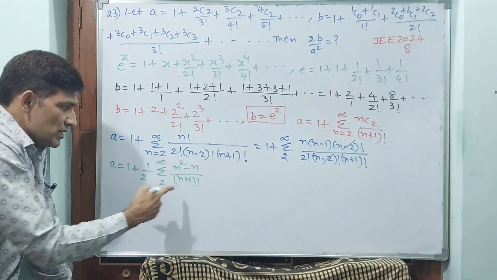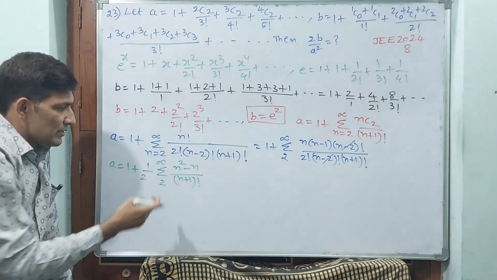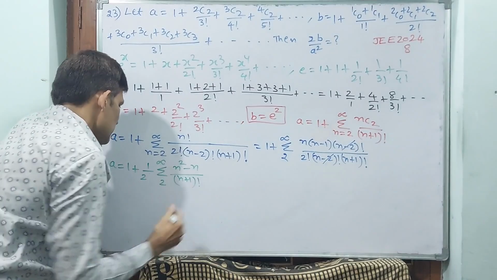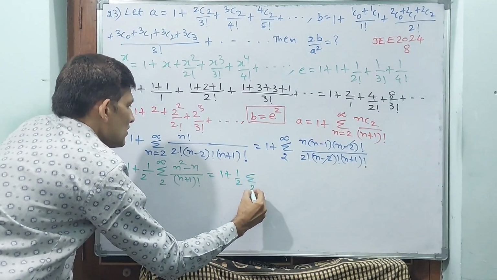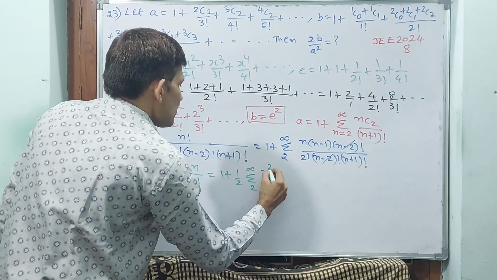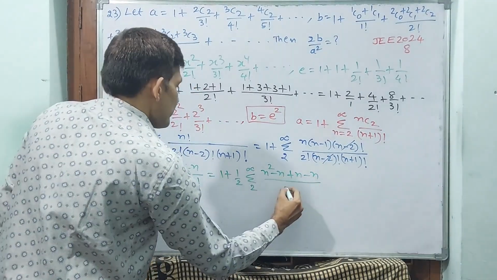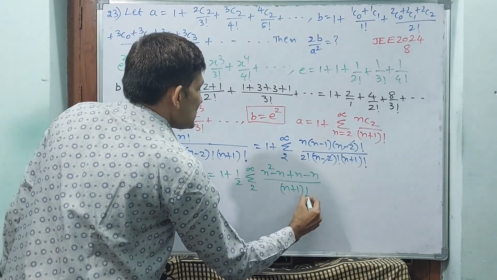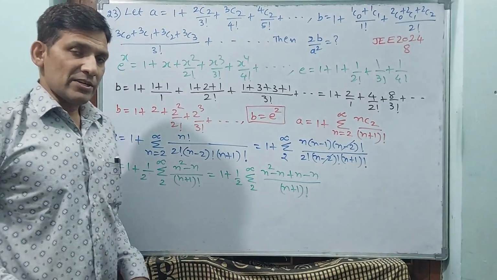Now you see here, how does n plus 1 come? Because n into n minus 1, you cannot do anything with it. That is why I have made it like this. See what I am doing now. That is equal to 1 plus 1 by 2 sigma 2 to infinity. I want n square minus n already there, plus n minus n again I am writing. Plus n minus n means both get cancelled, again n square minus n only comes. Why?